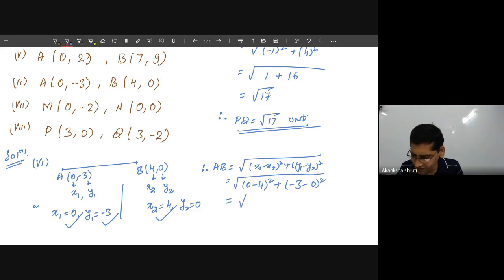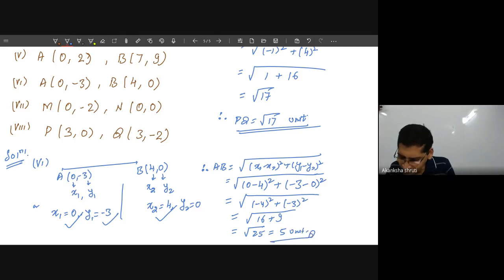What we are getting is the under root of minus 4 square plus minus 3 square. You will get minus 4 square is same as 4 square, 16, and 9, under root of 25. So this is 5 units.